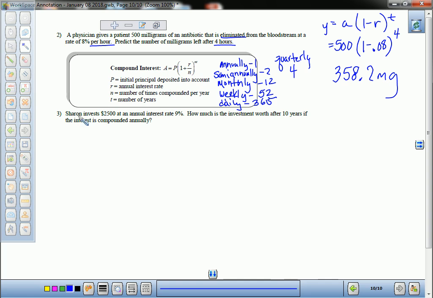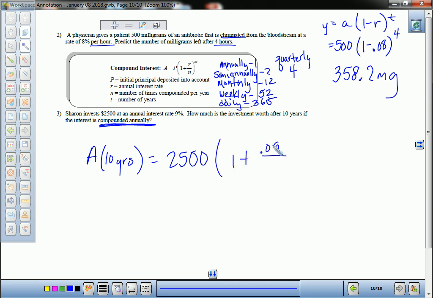So this problem says you invest $2,500 at an interest rate of 9%. How much is it worth after 10 years if compounded annually? That means once a year. So when we come in here to use our formula, the amount total after 10 years, not remaining, because this is increasing, it would be 1 plus the rate, 9% written as a decimal.